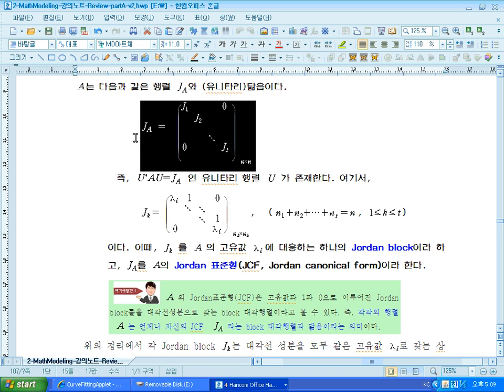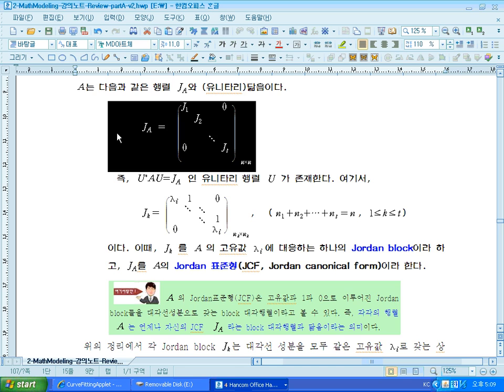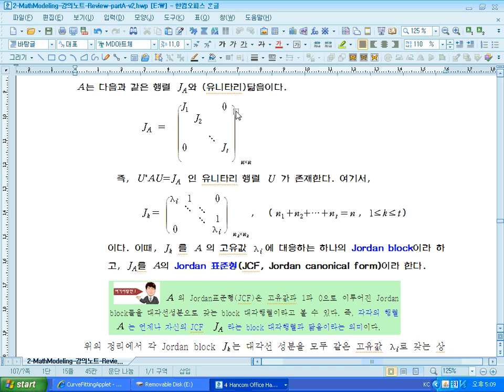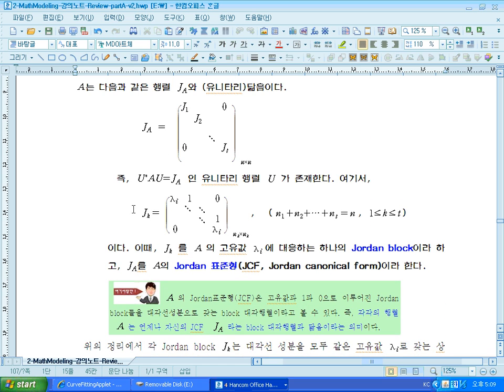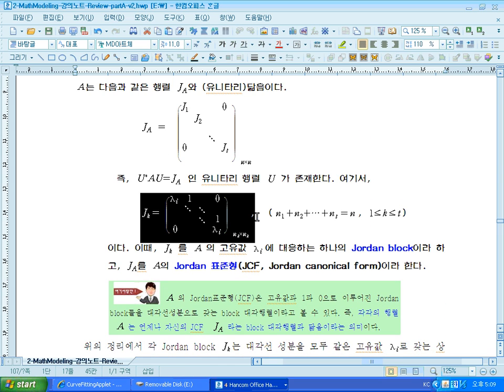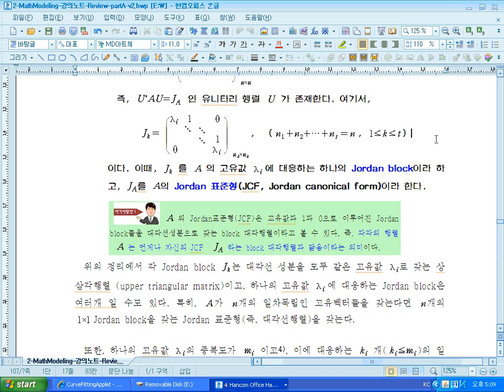This is the shape of the Jordan canonical form of A, where the Ji's are block diagonal matrices, and each Ji has this form: an upper triangular matrix whose super diagonals are ones.